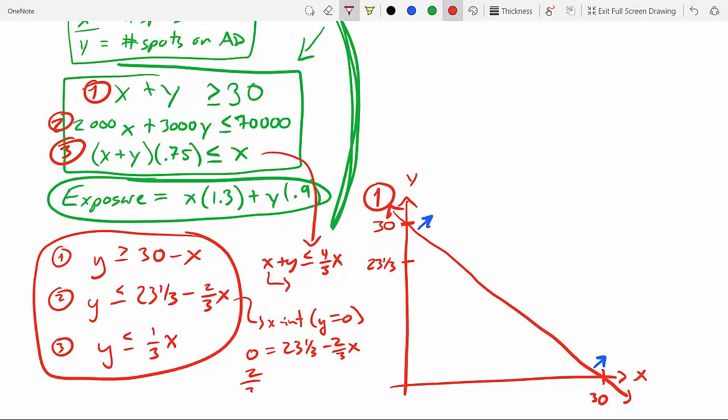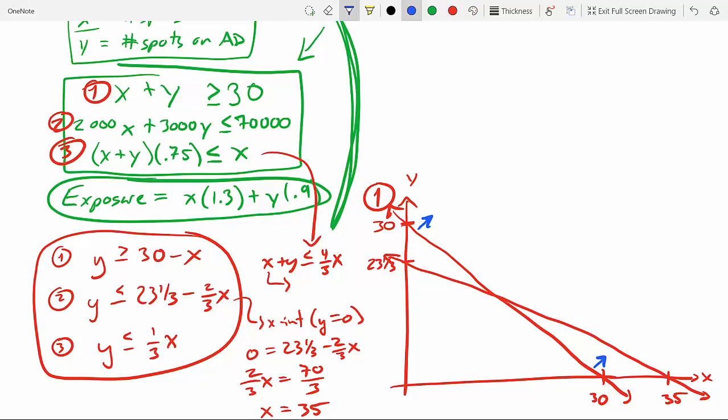Let's just do it step by step. 23 1/3 is 70/3. So if we multiply by 3/2 on both sides, I get x is equal to 35. So bring this on out here to 35, and that's where equation 2 is going to pass through. With equation 2, if we plug in 0, 0, 0 is less than or equal to 23 1/3, so we'll shade below this line.